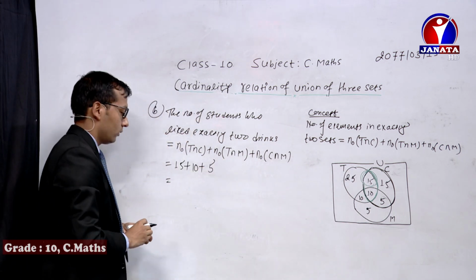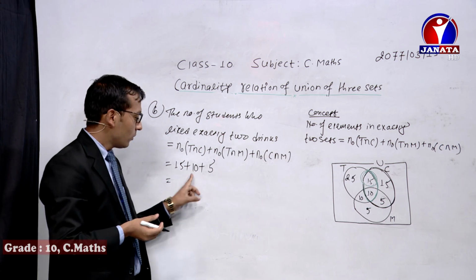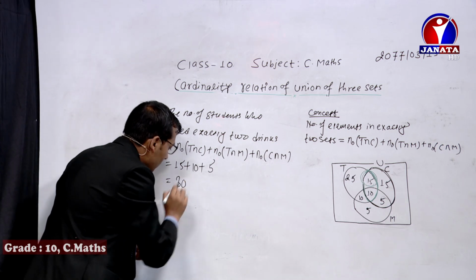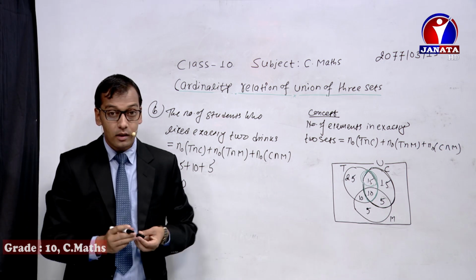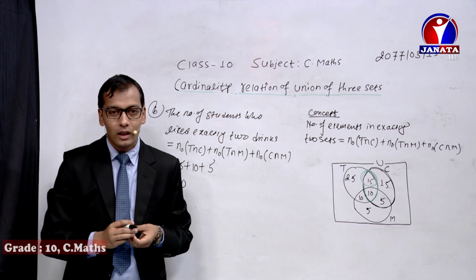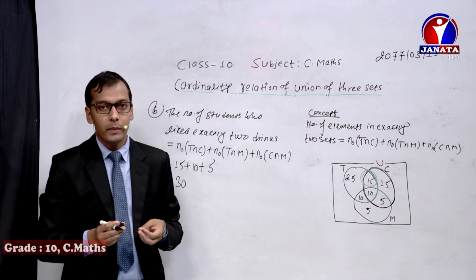So this is 15 plus 10 is 25 plus 5 is 30.